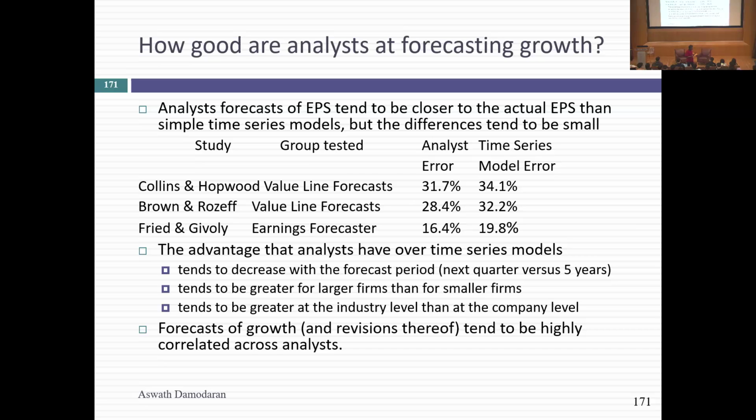In fact, the other 2 studies indicate the same thing. Analyst forecasts are a little more precise than just using historical data, but not by much. Okay? And in fact, it gets worse. Most of the savings you get in forecast error is in the next quarter's earnings. If you go to 1-year, 5-year forecasts, you can't even tell analyst forecasts apart from time series models.